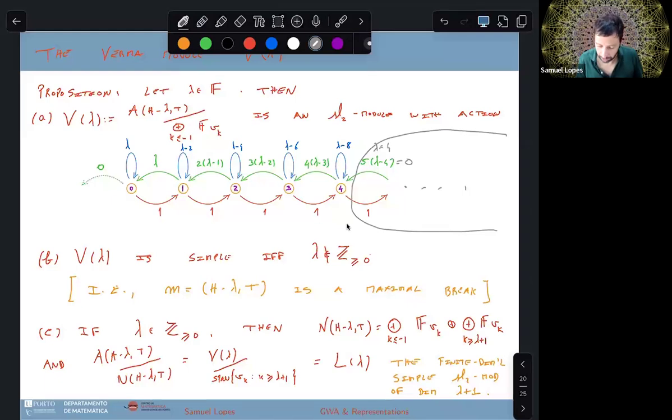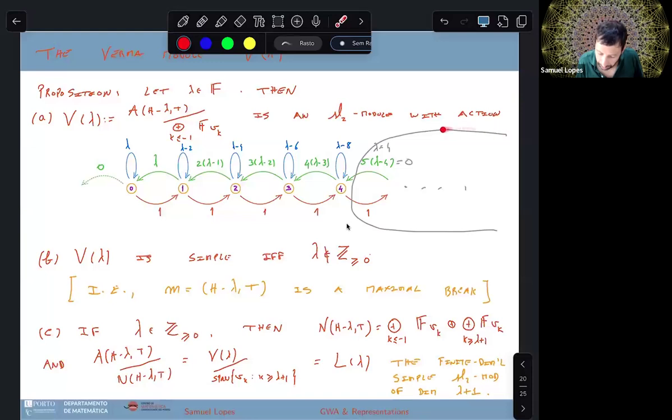This is because there's no problem with the action of the red one, which I think was Y probably, or X. I don't remember. There's no problem with the action of this red generator. The problem would be with the green, but there's no problem because when I try to go from here outside of what I'm saying is a submodule, this is 0, so I don't really go outside.